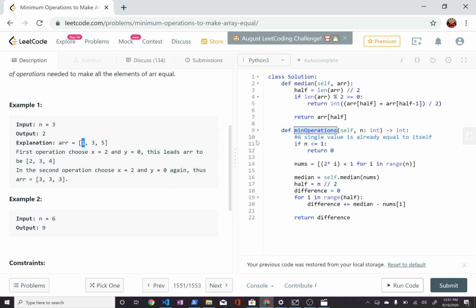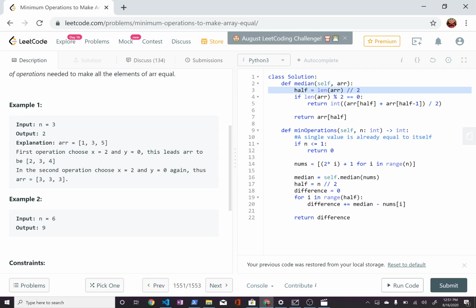But anyway, one helper function I have is just a function to find the median of an array. And to find the median, I just find the midway point in the array, so the length of the array, integer division by 2. If the array is an even number, that's going to be the case where there are essentially 2 midpoints.